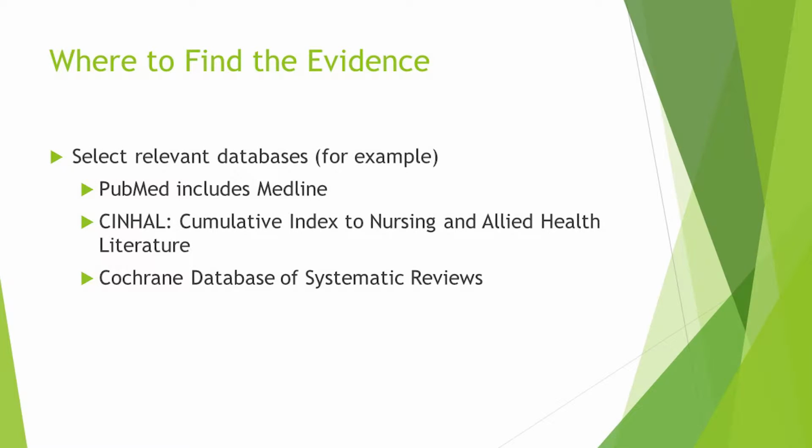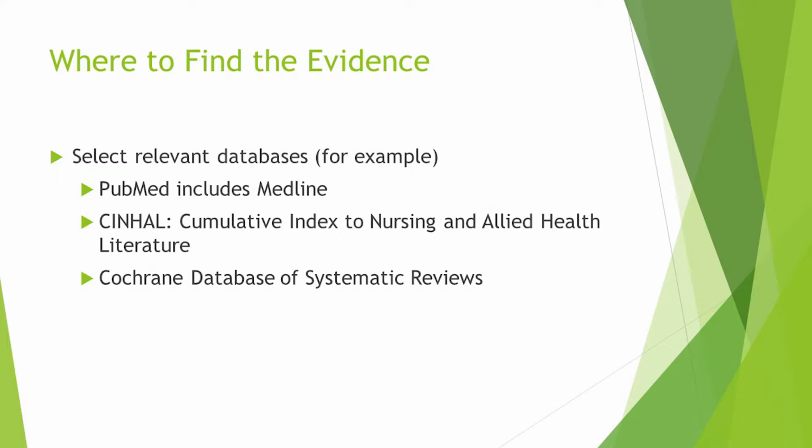The next slide identifies where to find the evidence. So once you've identified the type of question and the level of evidence, the best place to go is relevant databases. PubMed includes the Medline. This is one that is available, and it includes all of nursing plus medical literature.